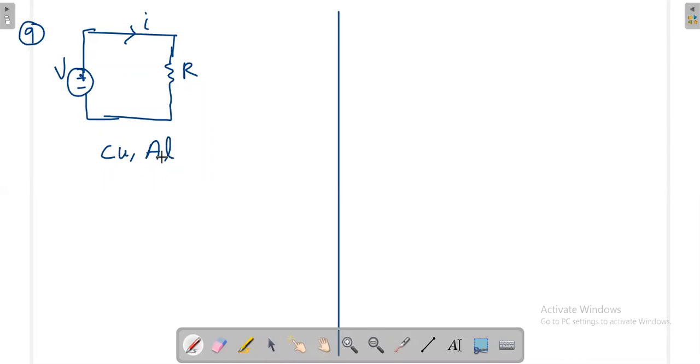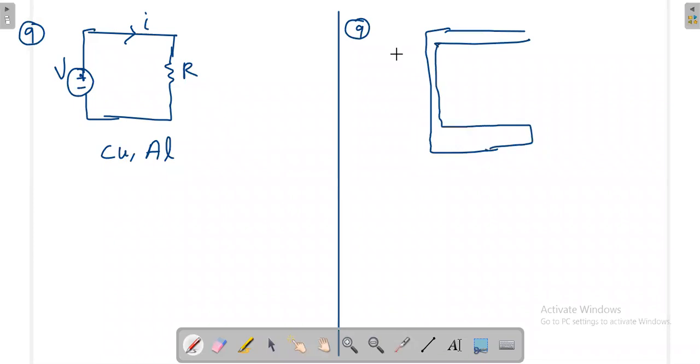Next, a magnetic circuit means the core will be there like this. It is a magnetic material. Around the core the coil will be wound like this.